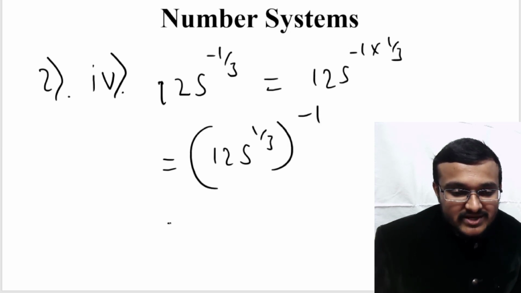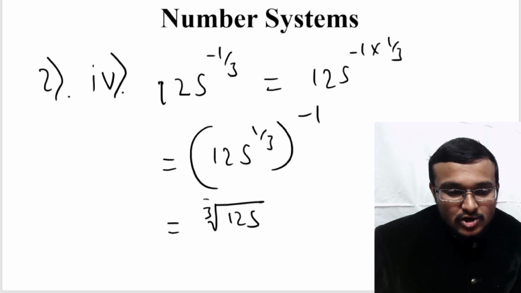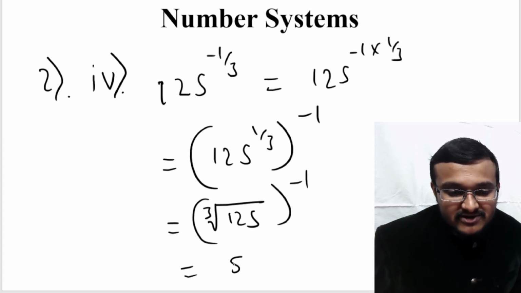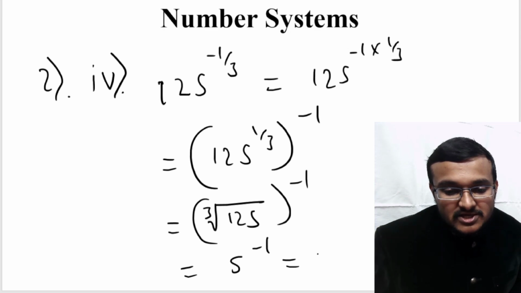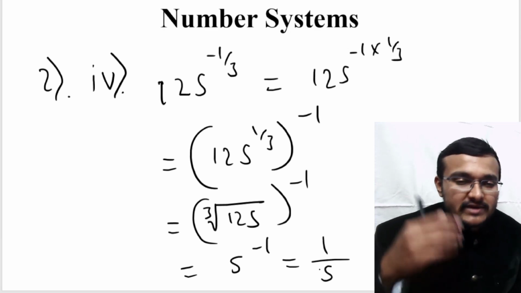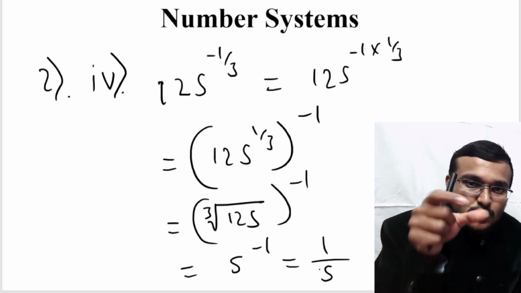This you can write as cube root of 125 whole power minus 1. So cube root of 125 is nothing but 5 power minus 1. So always remember, whenever you have minus 1 or any minus symbol in the power, then the value should go to the denominator.